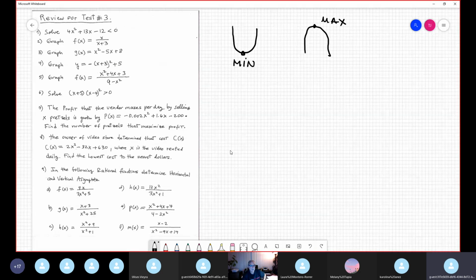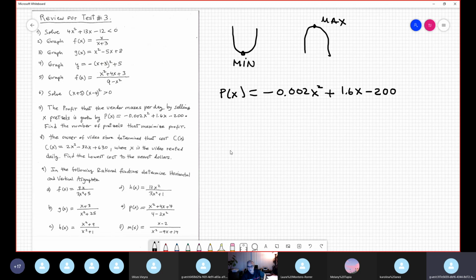Okay, entonces in this number 7, the profit for the vendor made per day by selling x bracelets is given by this formula, P of x, profit, is equal to minus 0.002x squared plus 1.6x minus 200. Don't be scared with the numbers because we are using a calculator, no?